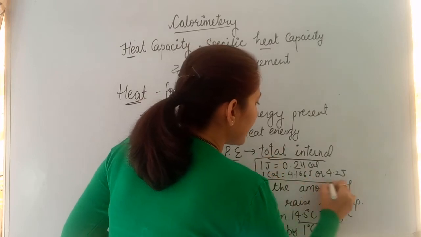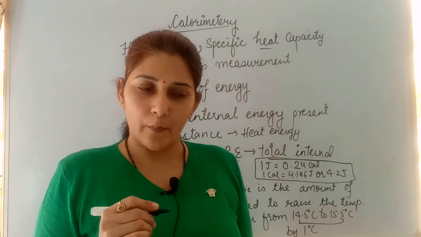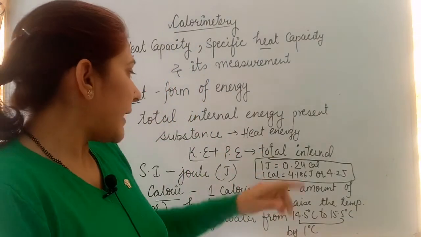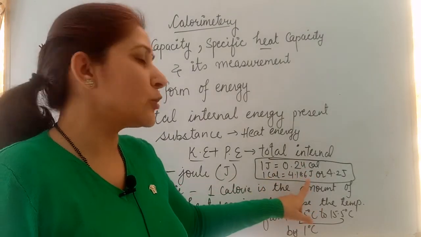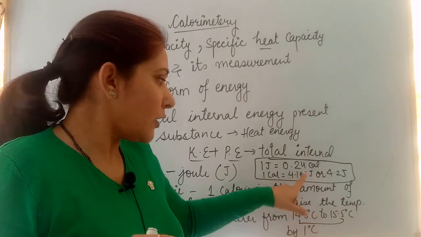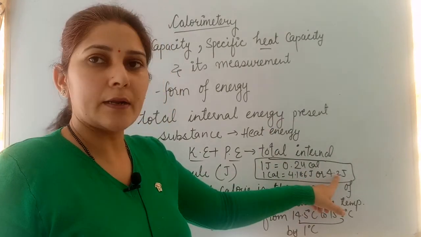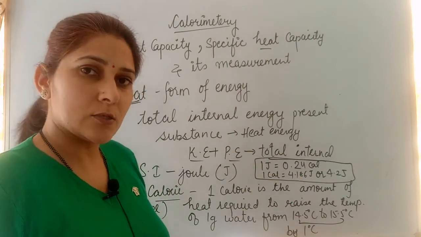Both ways it will be correct. So these are the two relations which you are supposed to remember, because these can also be asked for your 1 mark in your exam. That is 1 joule is equal to 0.24 calorie and 1 calorie is equal to 4.186 joule. Better to write this value. Otherwise, if you don't remember, you can write it the other way also, but you should consider this first. Priority should be this one.